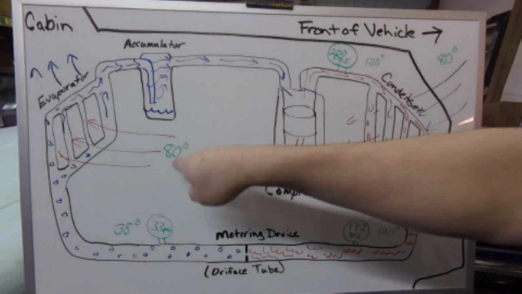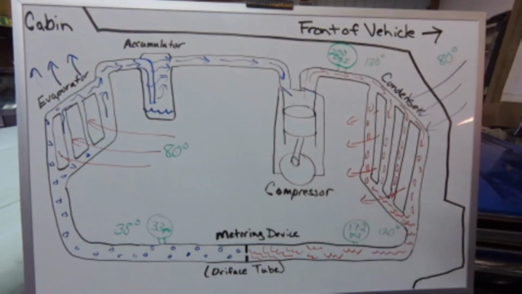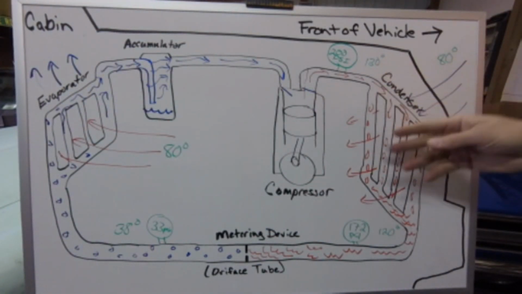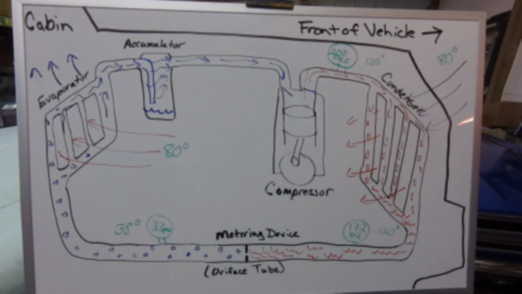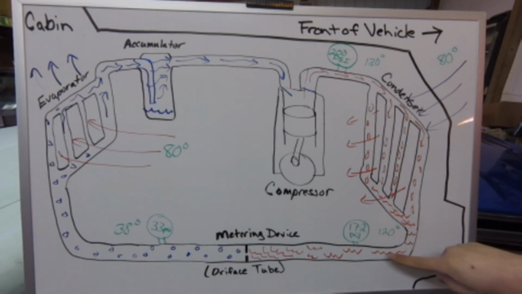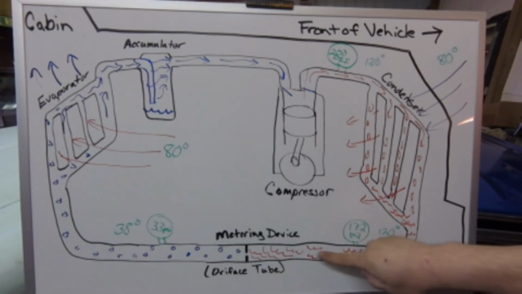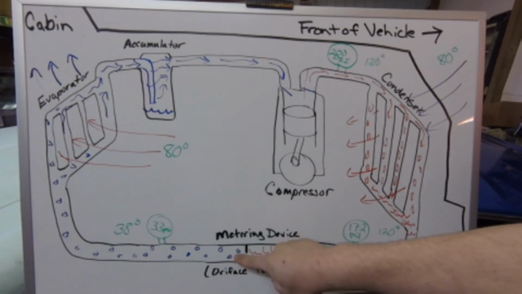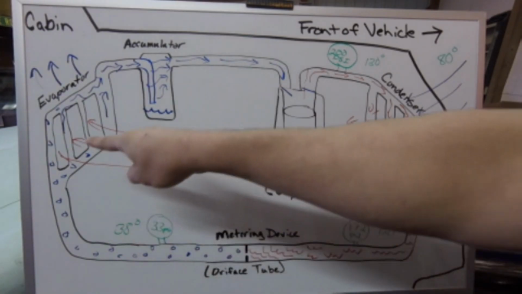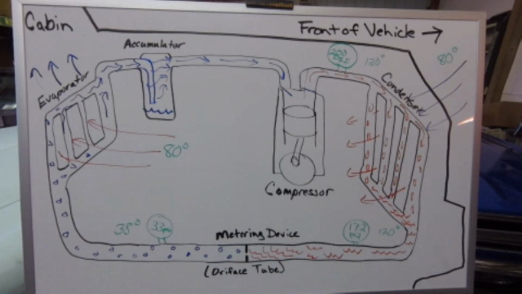Now all the heat energy that was here, that was going to go into the cabin, is now here and going outside the vehicle and makes us comfortable. Now we can take our low heat energy liquid and turn it into a low pressure, low heat energy liquid and pick it up all over again.